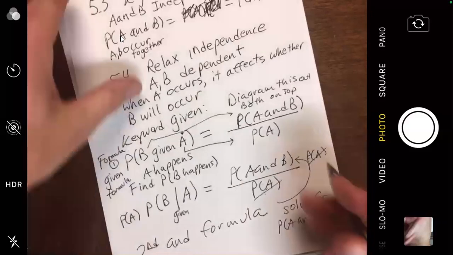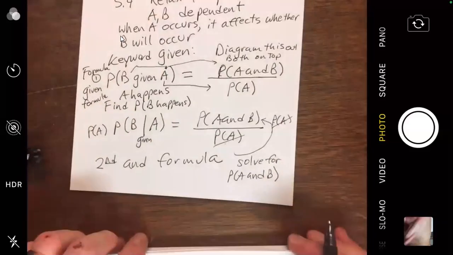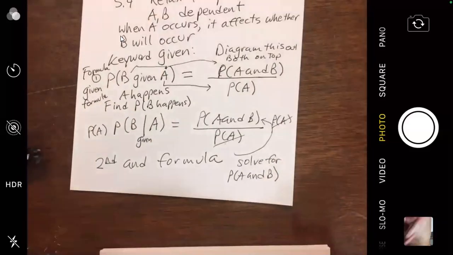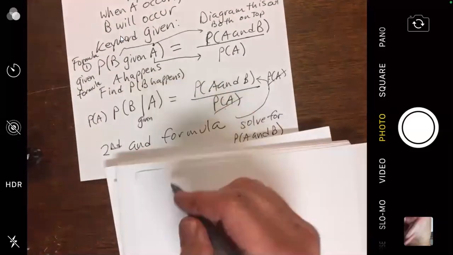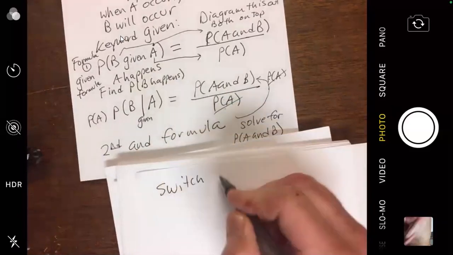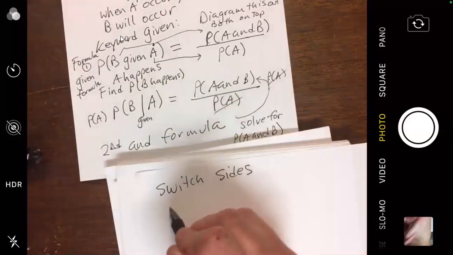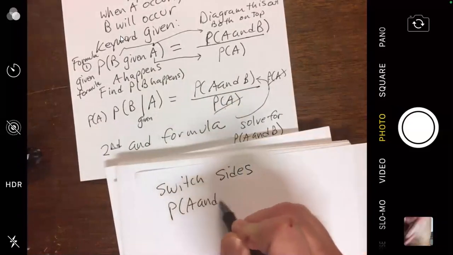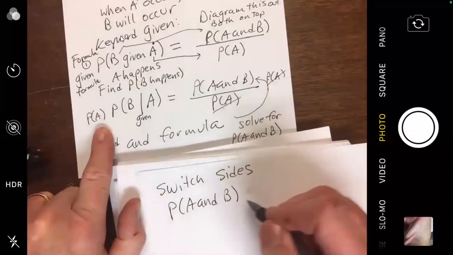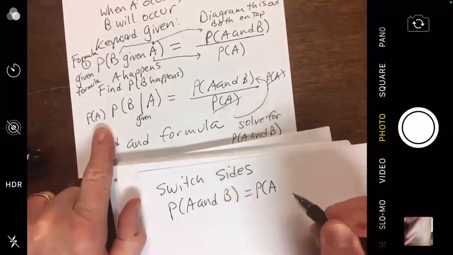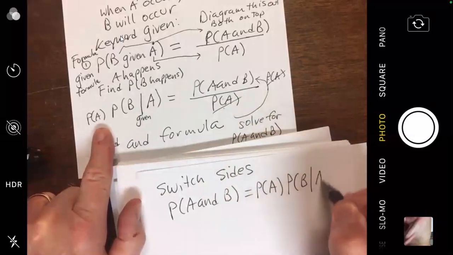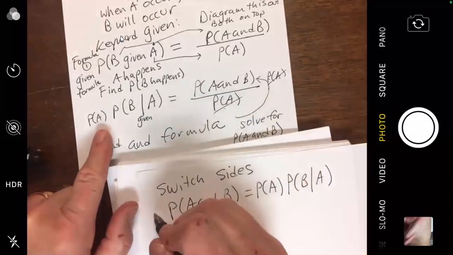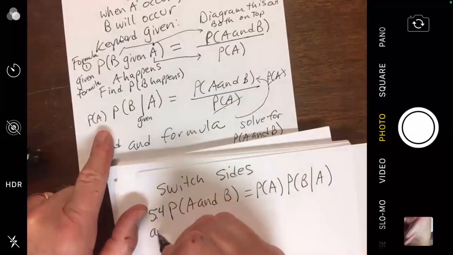So I'll rewrite this and switch sides. The probability of A and B, can you see, is just the first one, but then multiply by the probability that B happens given A happens. This is the 5.4 "and" formula.